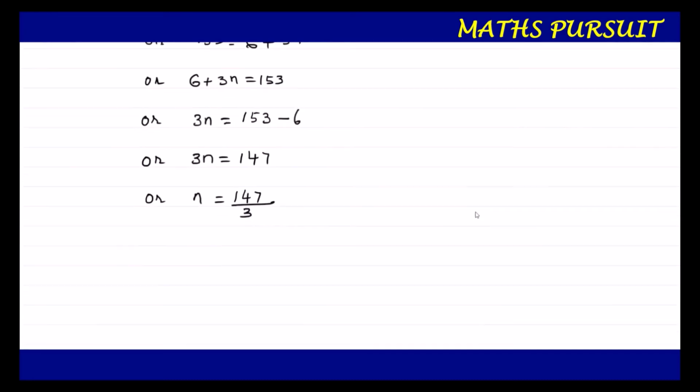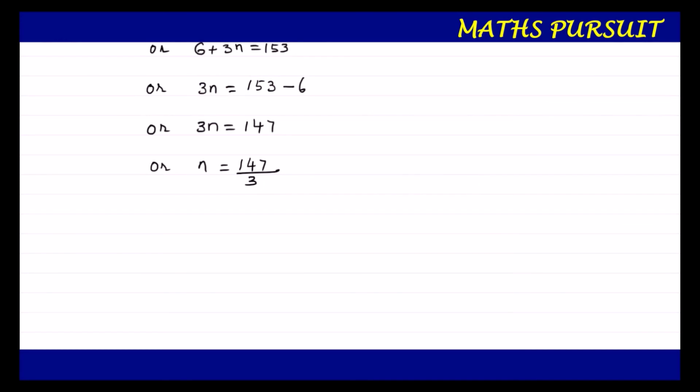If we divide 147 with 3, that is 3 4s are 12, 3 9s are 27. So this is what we will get, n is equal to 49. Guys, this is our answer. This is what the question asked us, and this is what we got. As per the question, it is asking us to find the term of the arithmetic progression which is 39 more than its 36th term.